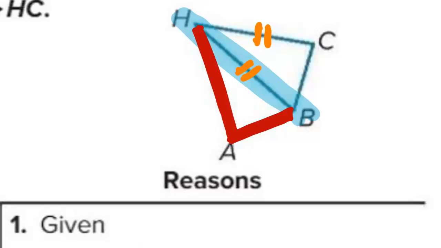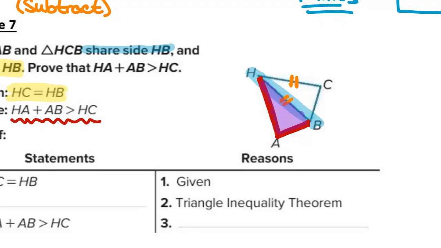Is that part of this little triangle on the bottom? No. In fact, that little triangle I'm going to shade in purple so it's easier to see. HA and AB are both sides of the purple triangle, but HC is not.